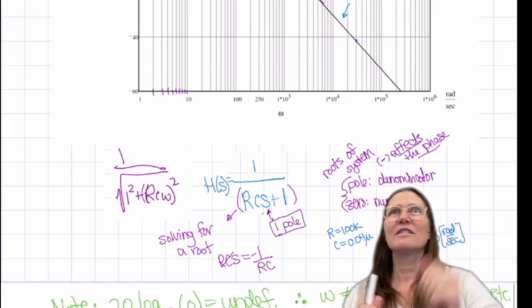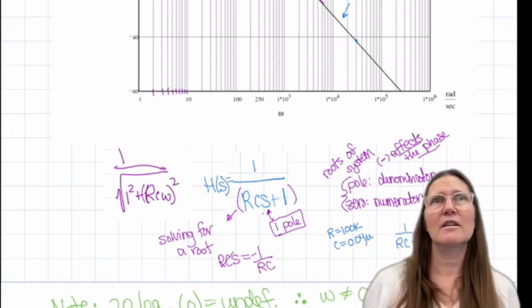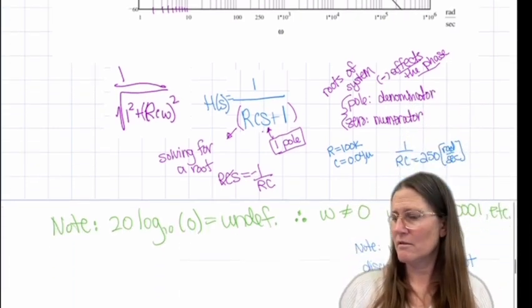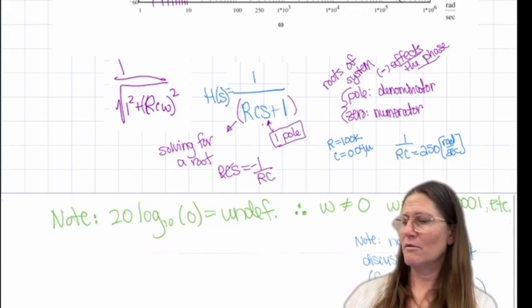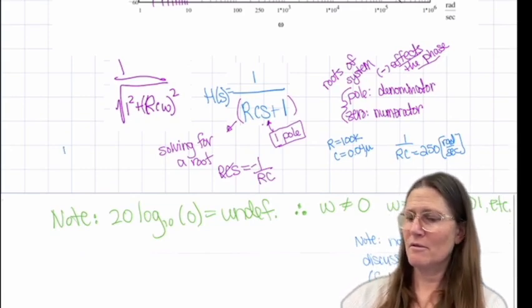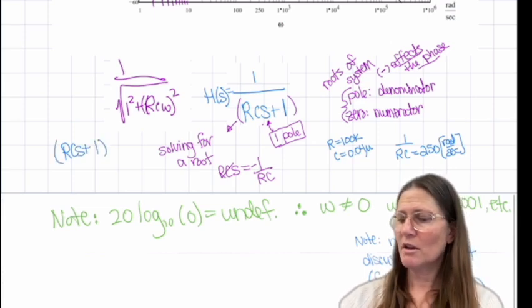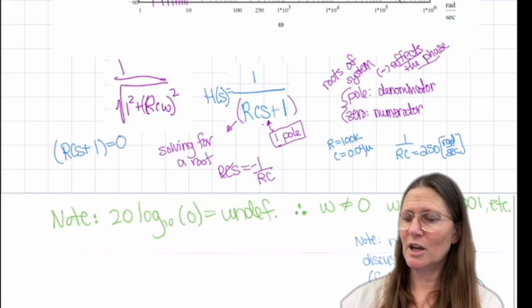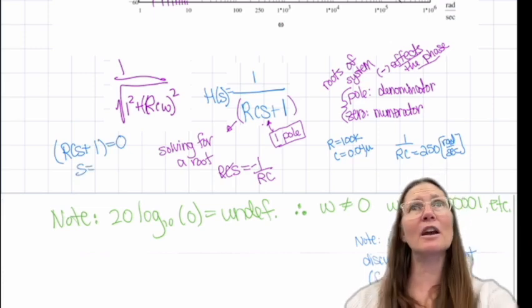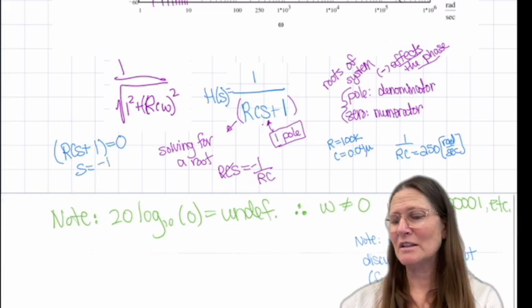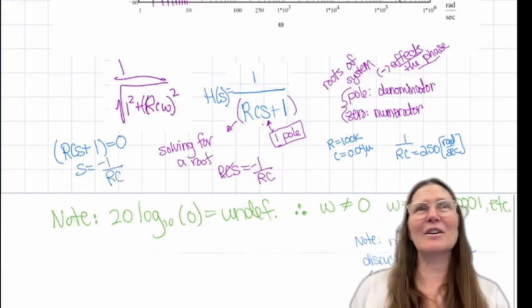I'm a little confused on how you set up the equation for solving for the root. Where'd you get the RCS from again? Are you allowed to just pull it from the H of S? So RCS plus 1, yeah, you set that equal to 0. Okay. And you just solve for that. The negative 1 goes over to the other side. That's all.